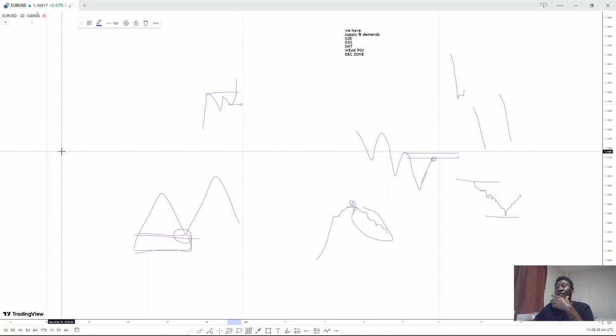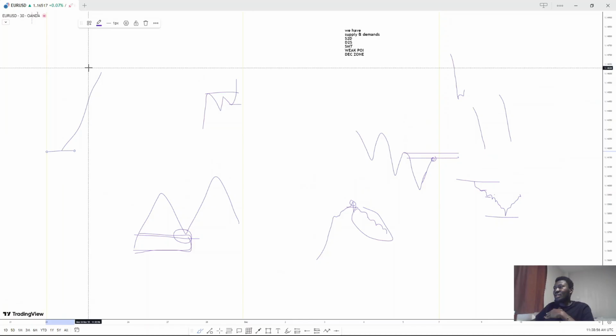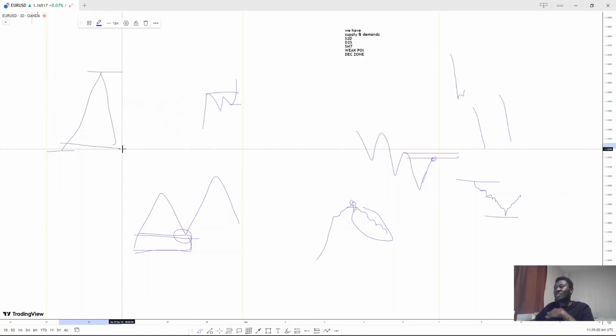So whenever you have a main push, you have two zones, two discount zones that price could come to. The first discount is about 50% discount, and the second one is the extreme. When we say extreme, when price comes, it's its lowest range. So if you have this zone here, price pushes back to its lowest range here before it pushes up again.